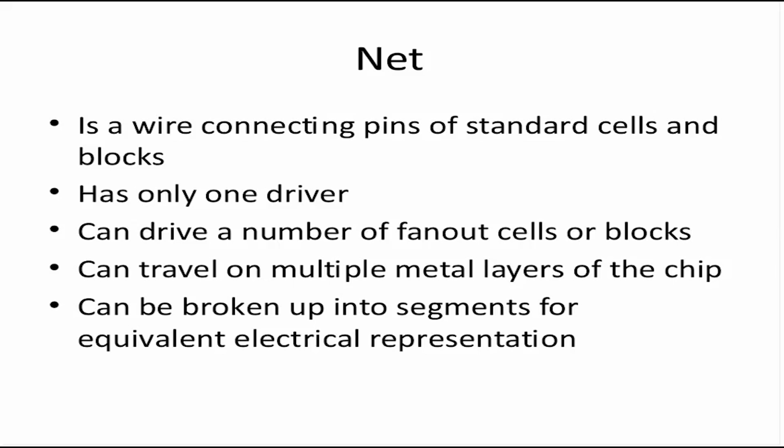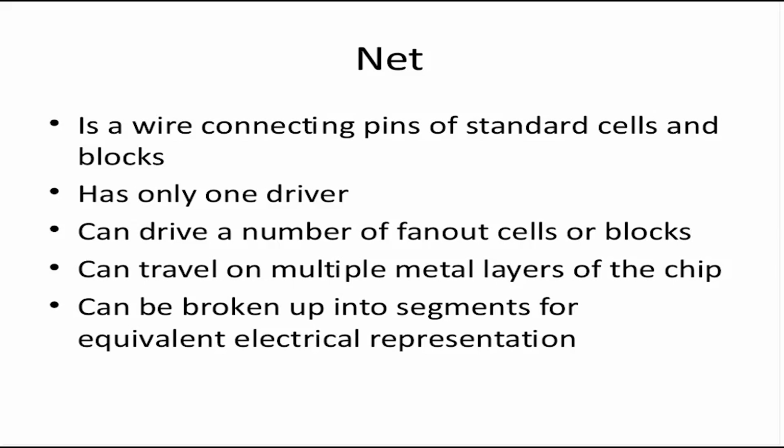Now a chip is 3-dimensional in nature, in the sense that a chip is comprised of layers. At the bottom you have the diffusion layer and the poly, which make up the standard cells, and over and above that there will be metal layers going throughout the chip that will connect the drivers and receivers, that will connect the standard cells together. These metal layers are numbered metal 1, metal 2, metal 3, metal 4, and so on.